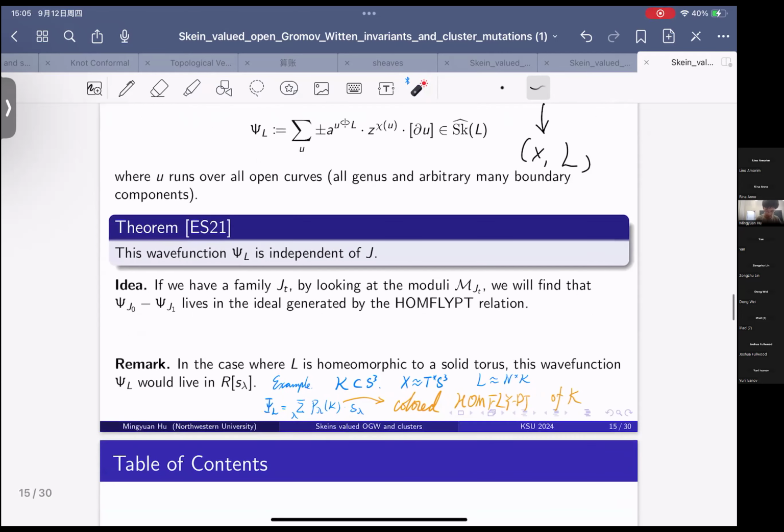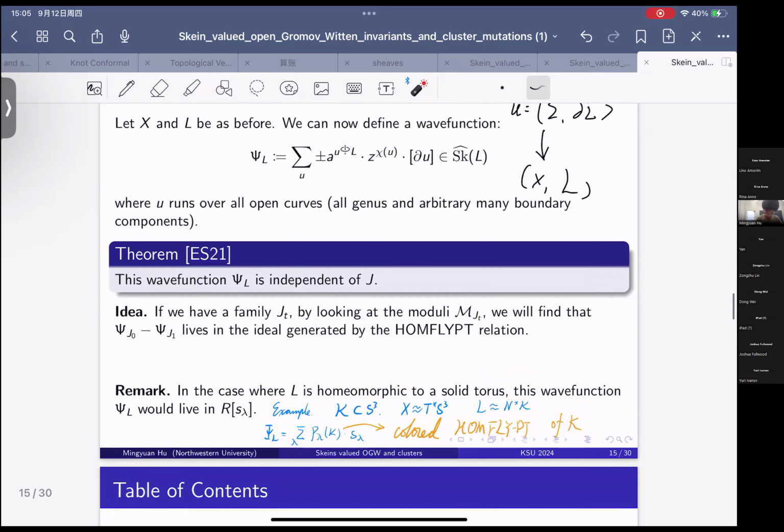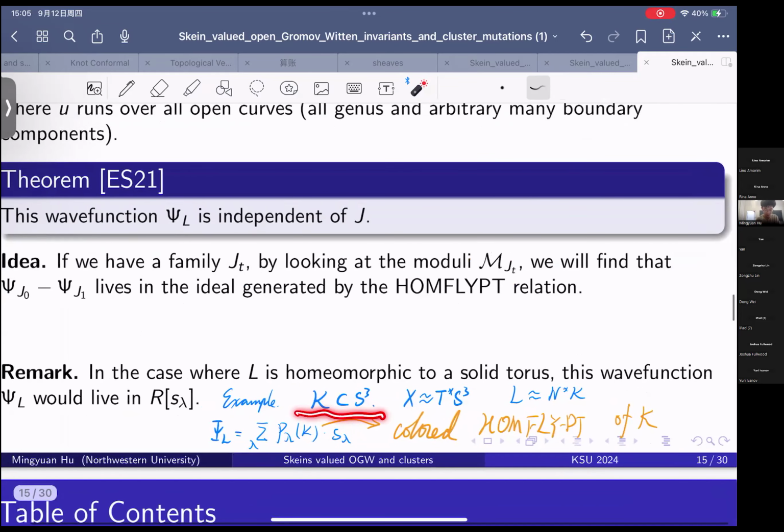And another example, which I think is very important and interesting, is if we consider a knot or maybe a link inside S3, and we take X to be the cotangent bundle of S3, and L is the conormal of K. So this is a 6-dimensional symplectic manifold, this is Lagrangian, and the wave function of this L is actually the sum of all colored HOMFLY-PT polynomials of K. This is called large N duality.